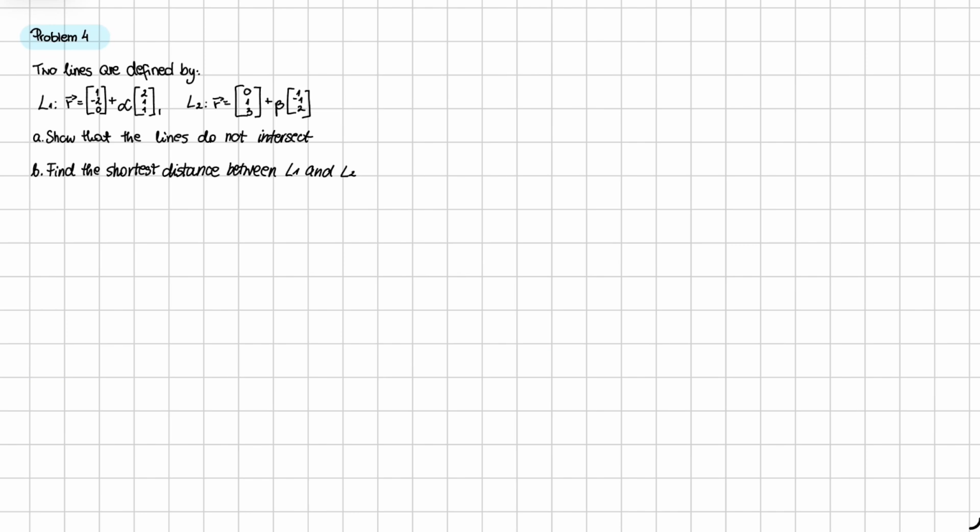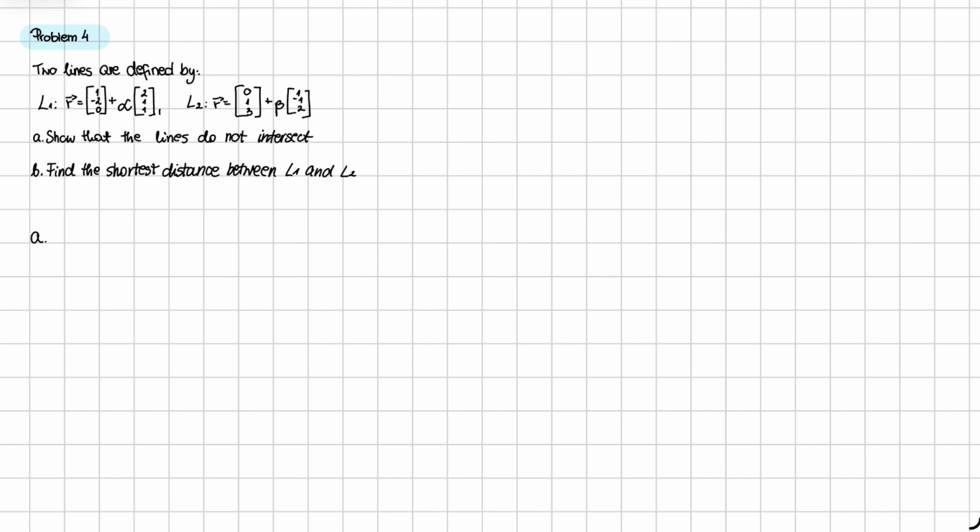Problem 4. Two lines are defined by L1 and L2, and in A we have to show that the lines do not intersect. So basically we have to do something that we did previously, just equate each coordinate from both lines, because we have to check whether they are the same at some point or not.